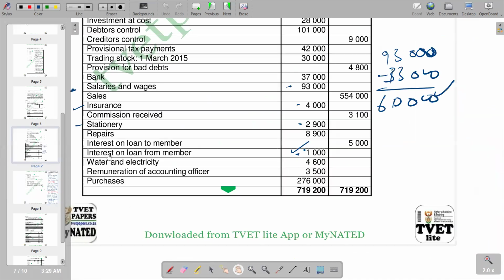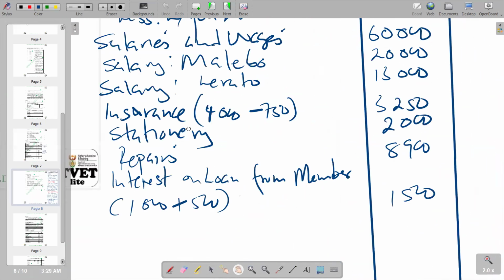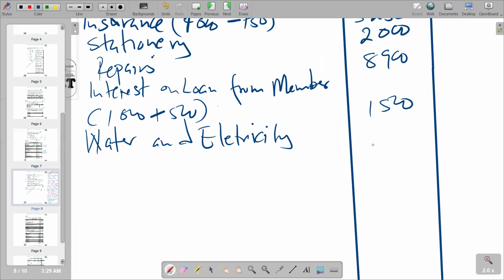So in that case, we take the figure given, water and electricity 4,600.